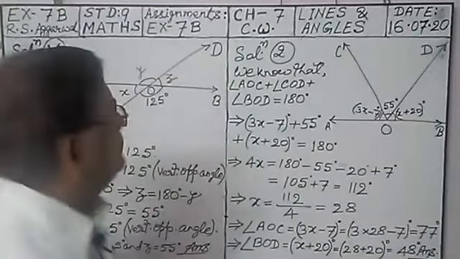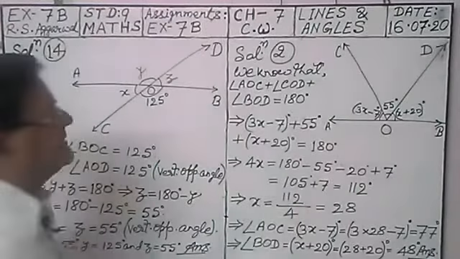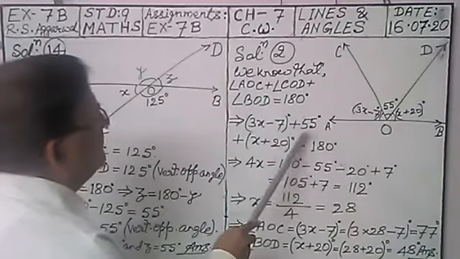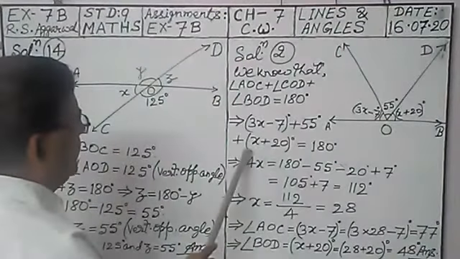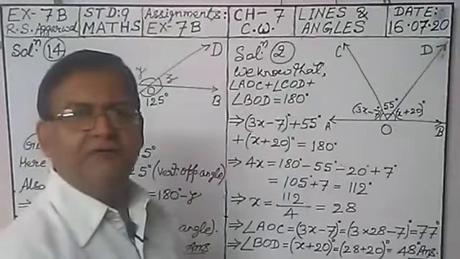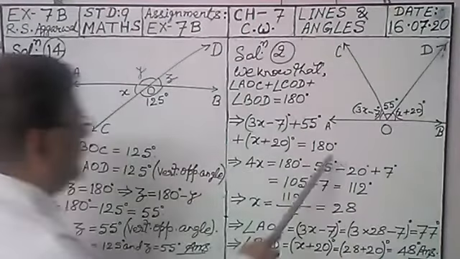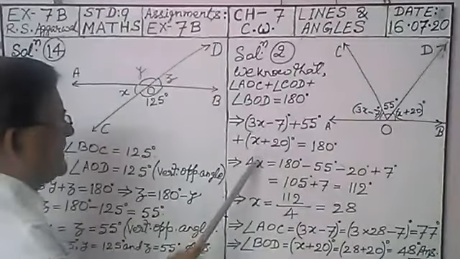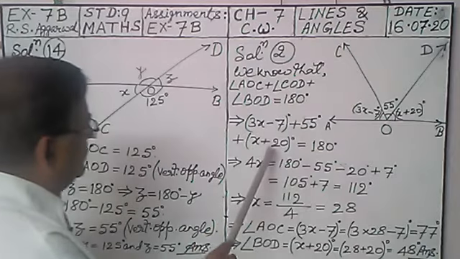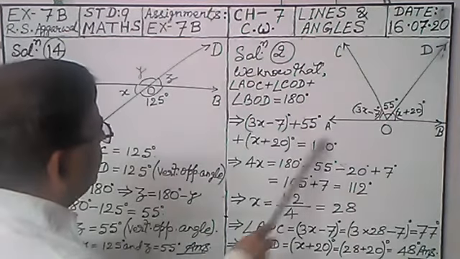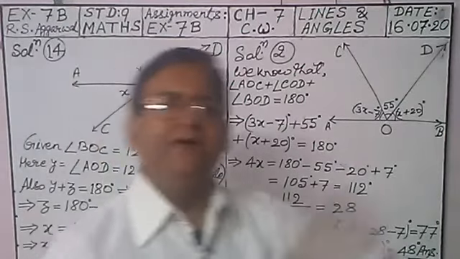Now put the values. AOC is given as 3x minus 7, plus COD is given as 55, and the third one, BOD, is x plus 20 degrees. All this equals 180 degrees. Now see here, 3x plus x gives you 4x. 180 is already there, and all the numerical values I am shifting to the right side.